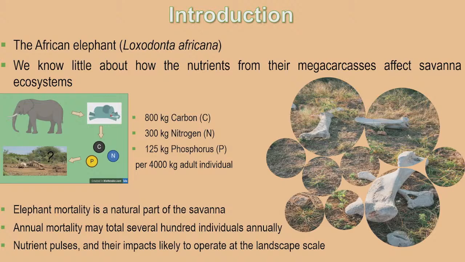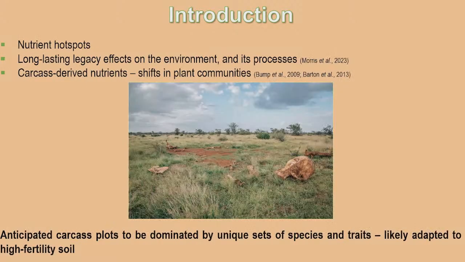And given that elephant mortality is a natural part of the savanna, and that annual mortality of elephants may total several hundred individuals annually, the nutrient pulses of about 800 kilograms of carbon, 300 kilograms of nitrogen, and 125 kilograms of phosphorus for a single 4-ton adult individual, and their impacts are likely to operate at the landscape scale.